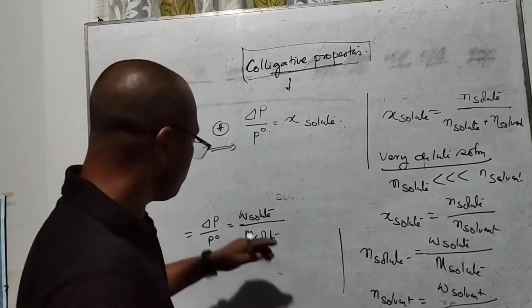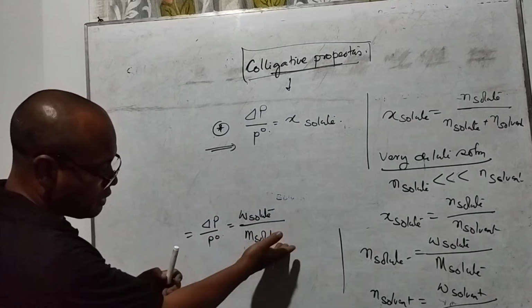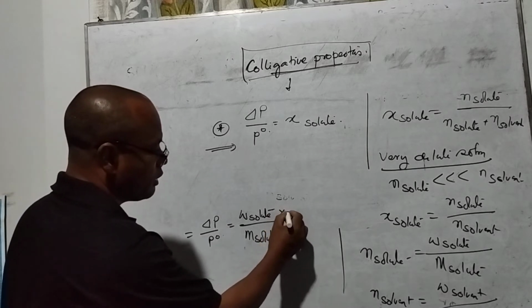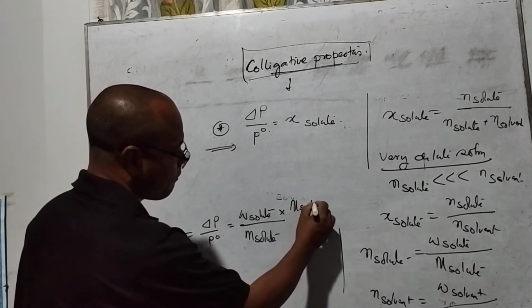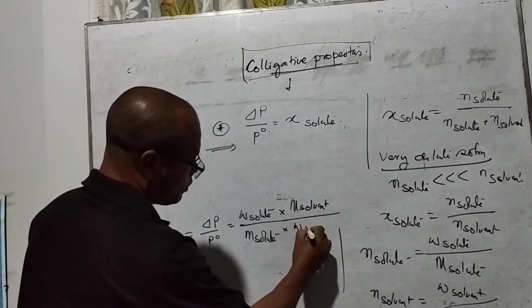This is divided by N solvent, so I bring in M solvent divided by W solvent.